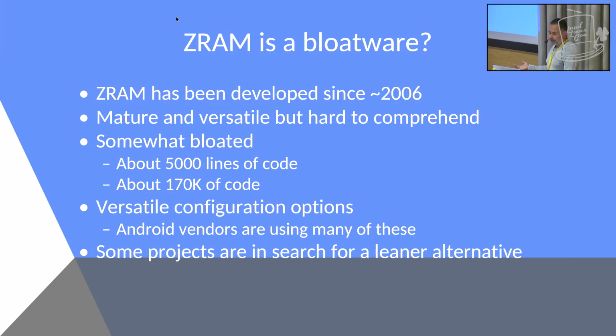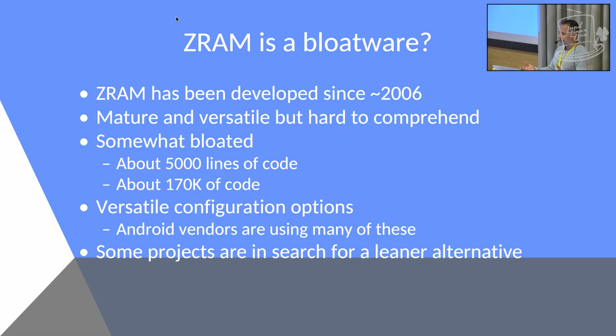However, if we take a look at the current state of things in the Linux kernel, so I counted a couple of weeks ago, we can say that, well, I mean, no offense, but it's a bit bloated, right?